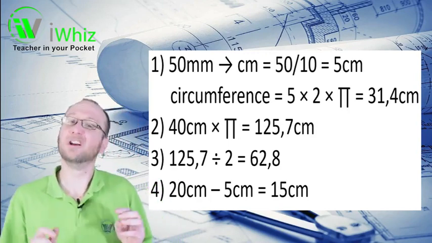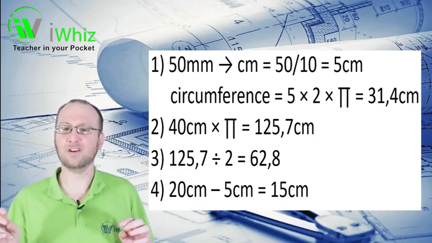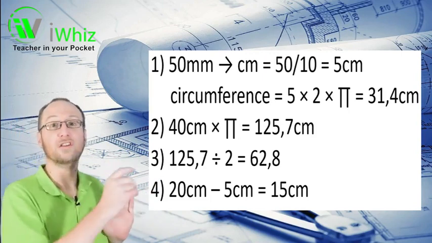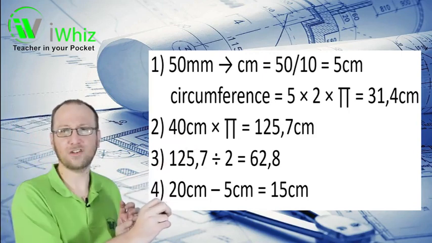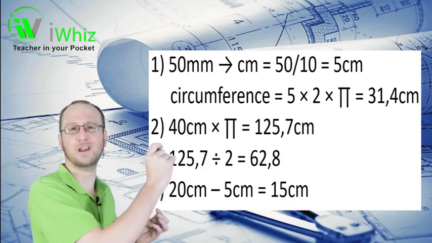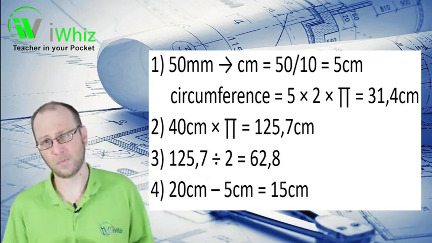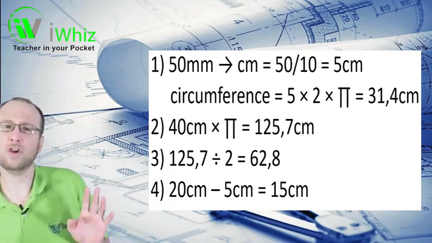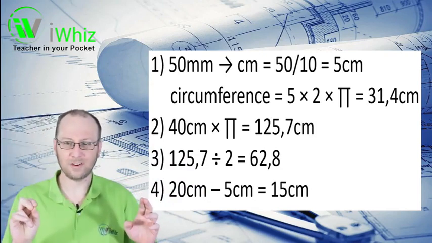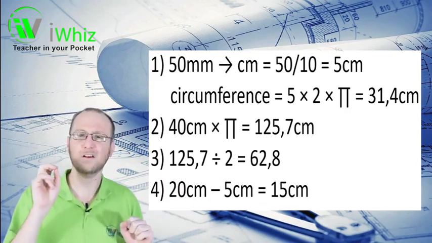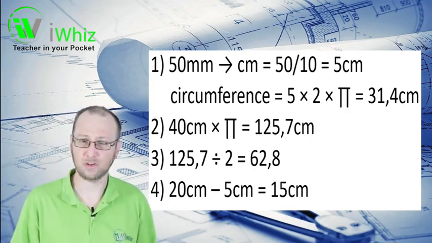Number 4. Calculate the width of the area shown by the dotted line. Now this dotted line shows the distance between the perimeter of the inner circle and the outer circle. So what we've got to do is, we know the radius of the small inner circle is 5 centimeters.